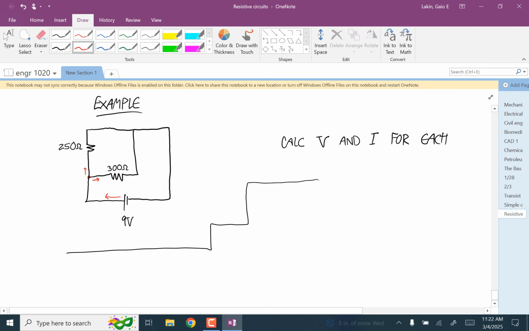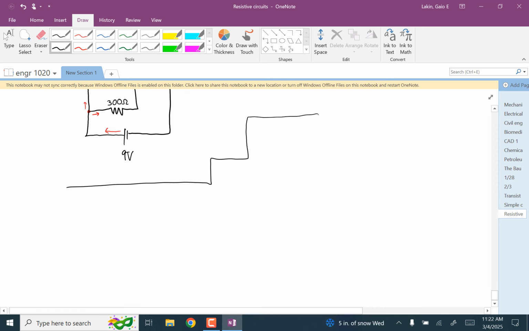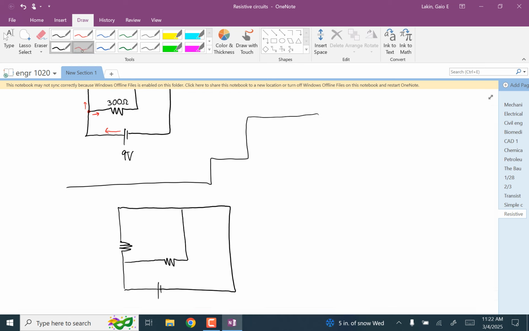And so I guess I'll draw this again. We know that this is going to be 9 volts this way.